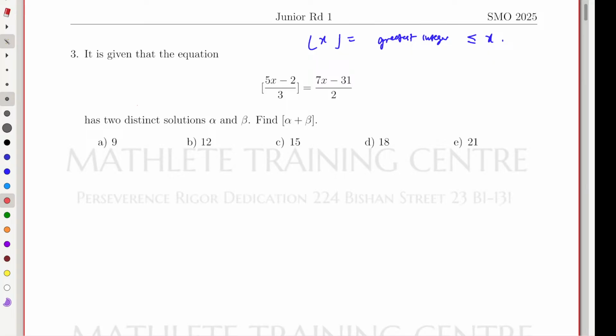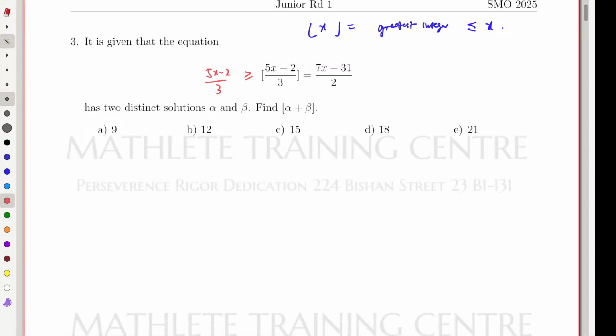For example, you know that this value here will be at most (5x minus 2) over 3. So one inequality you can solve already is that (5x minus 2) over 3 is at least (7x minus 31) over 2. If you multiply by 6, you get 2 times (5x minus 2) is at least 3 times (7x minus 31).